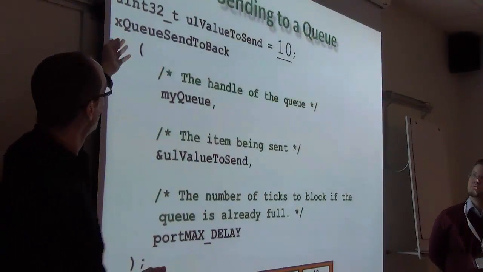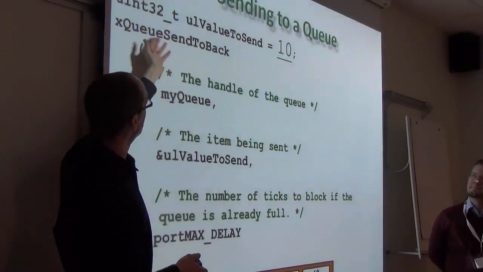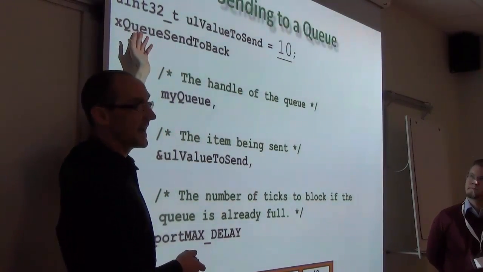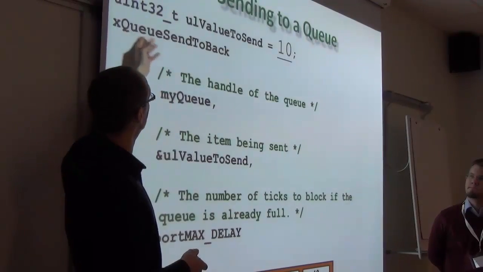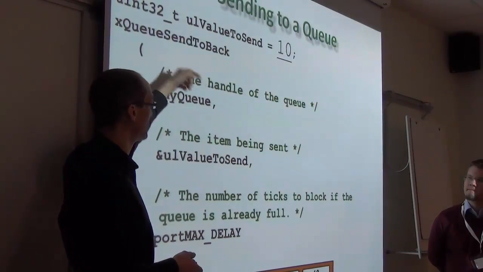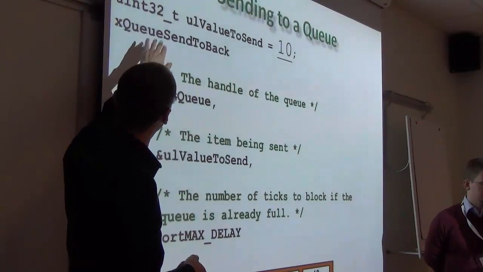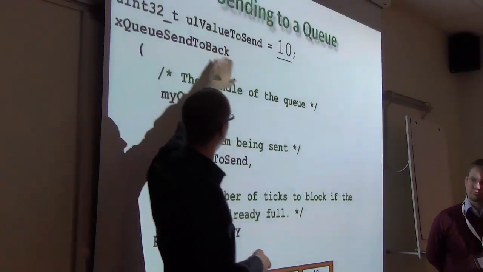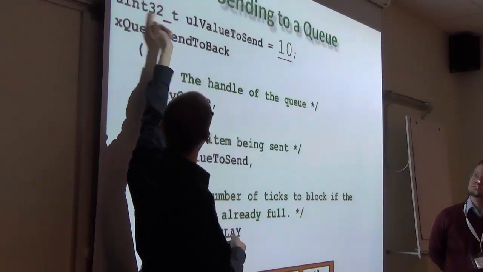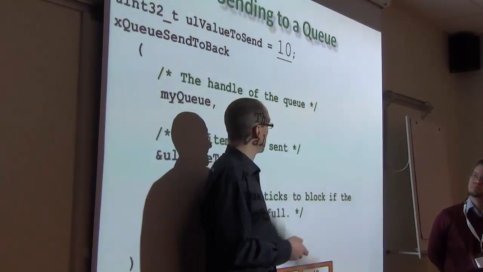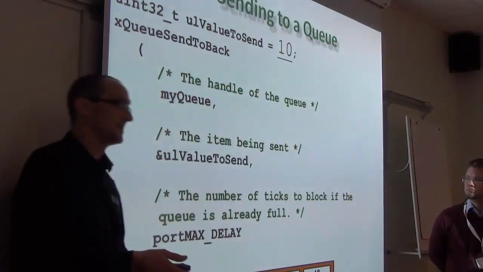Sending to the queue, incidentally, is following the same convention. So this function is defined in queue.c. Obviously, you have all the source code, being an open source product, and we want to send the value 10, so we have a variable, value to send, set it to 10, and we're going to send it to the queue.